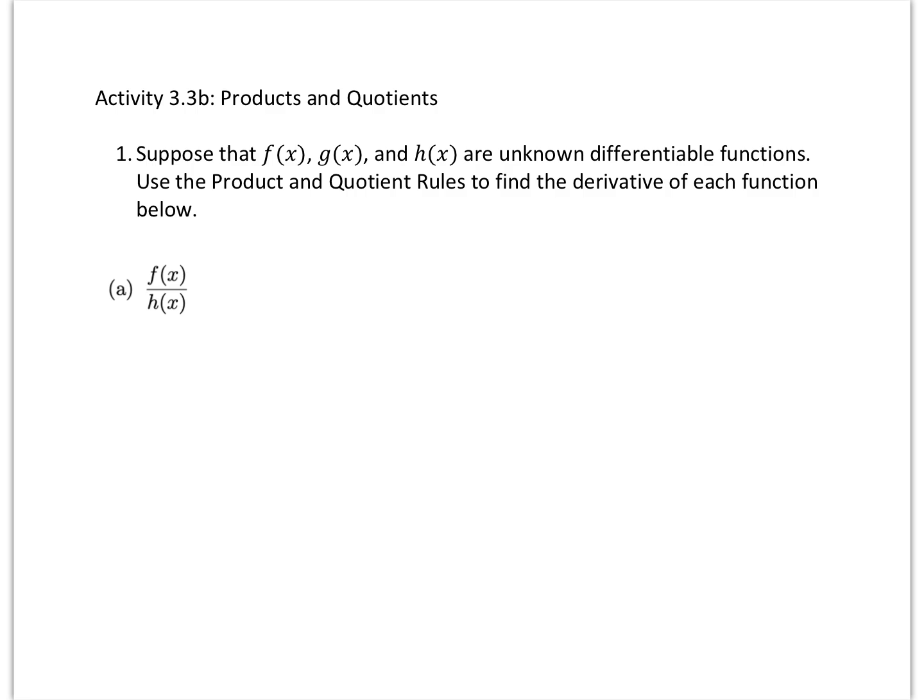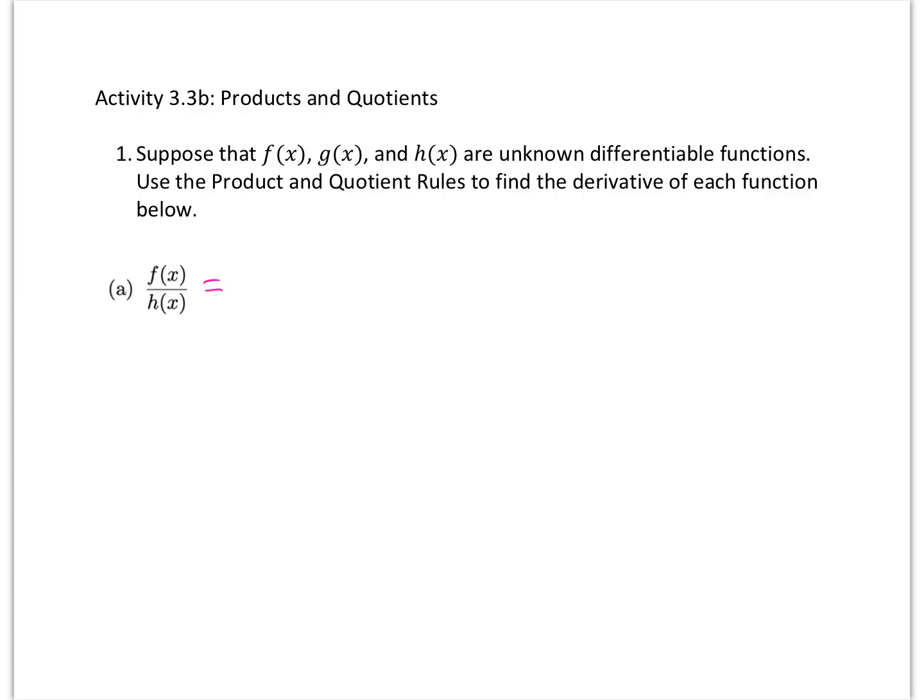Suppose that f, g, and h are unknown differentiable functions. Use the product and quotient rules to find the derivative of each function. So f over h. The quotient rule says f prime g minus f g prime all over g squared, but I don't have a g in here. That can be confusing, so it can be helpful to use the low d high notation.